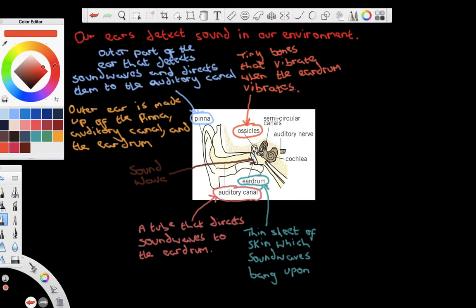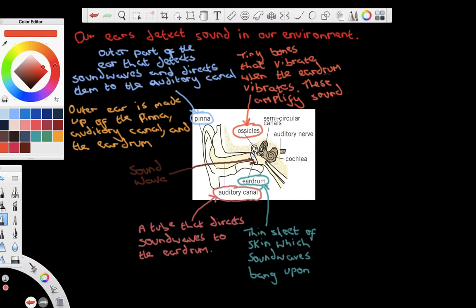These amplify the sound. So we can put these amplify sound. So the ossicles in your ear, the tiny little bones, amplify the sound.